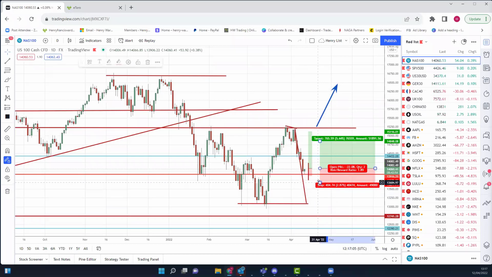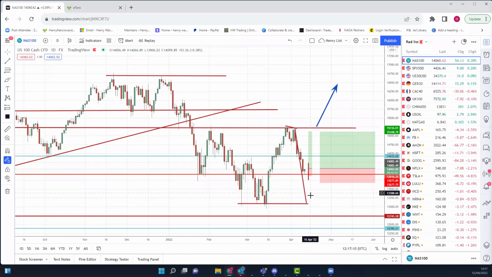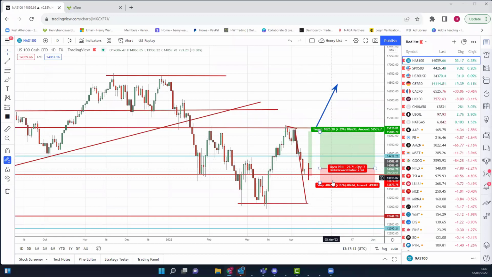So you're still only risking your 1%. And then you have the better risk reward in this one, and then you have the normal safe trade in this one. Now, the problem is that this one you may get triggered out quite quickly.